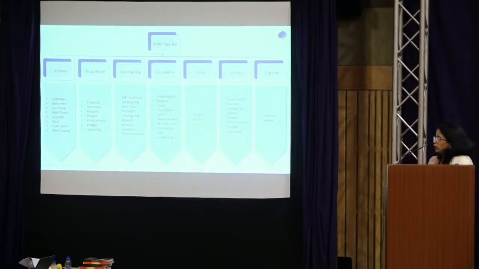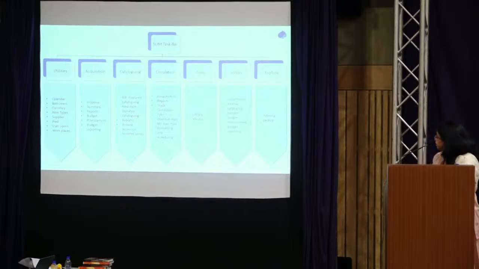And also in Explore, we are using indexing and backup. Indexing and backup is a daily activity that we have automated. Backup is taken daily, and indexing is also taken care of daily. So we need not waste our human effort on manual backup or manual indexing of the books.